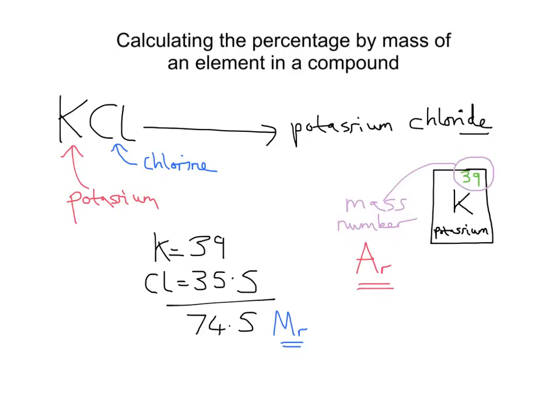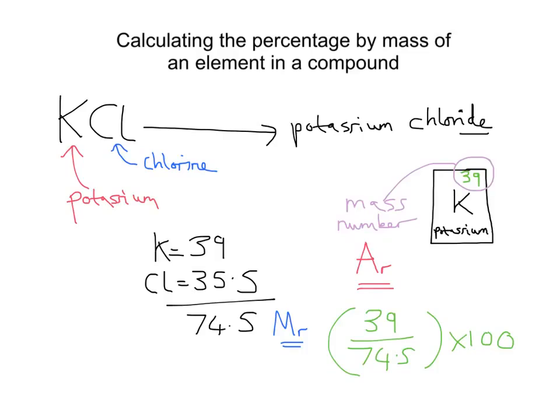So you could think of it a bit like this. If K on its own has a mass number of 39 in Ar, and the Mr of the whole of potassium chloride is 74.5, we want to know how much potassium we have as a percentage of the whole thing. So we almost treat it like a test score. We have 39 for the potassium. We want that out of the 74.5, and we want that as a percentage, so we times it by 100.